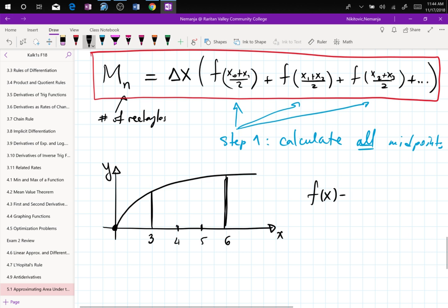So f of x is equal to square root of x on the interval 3 to 6 using n equals 3 using midpoint.